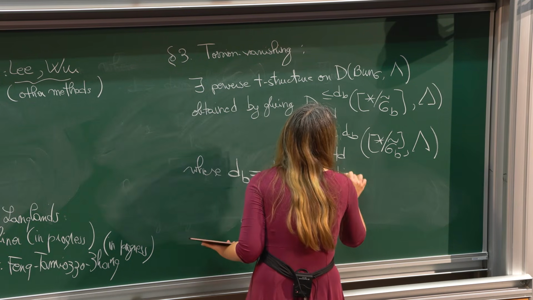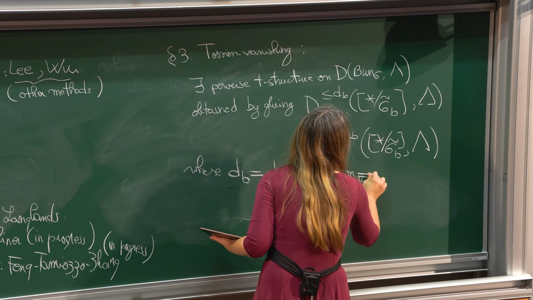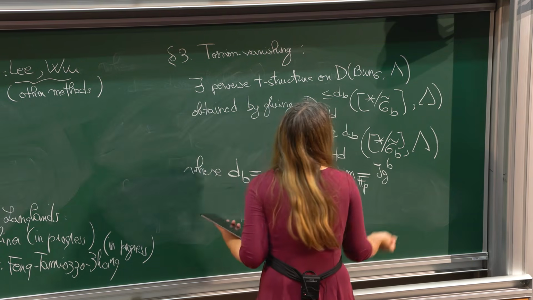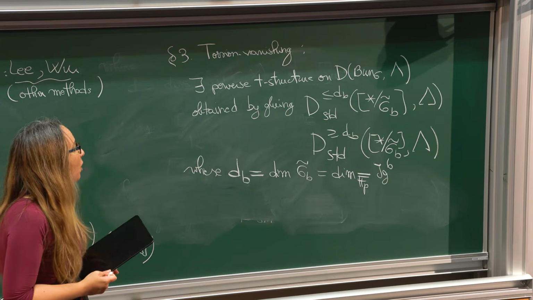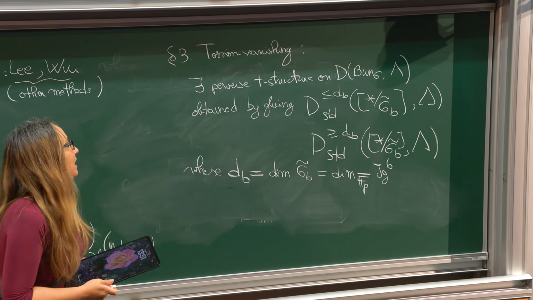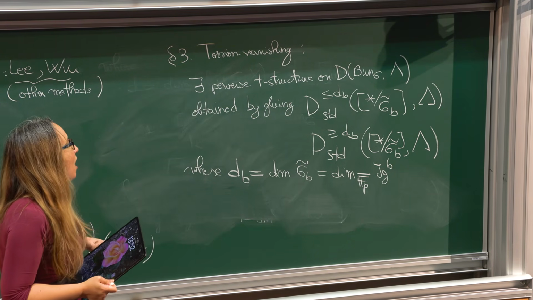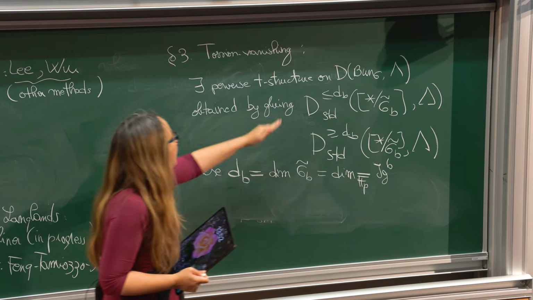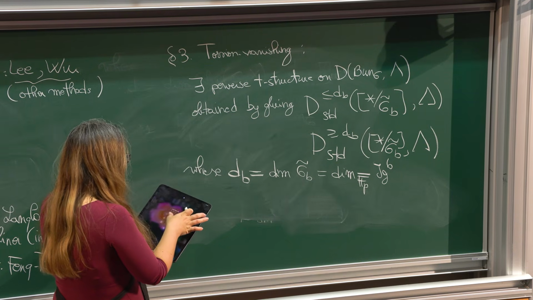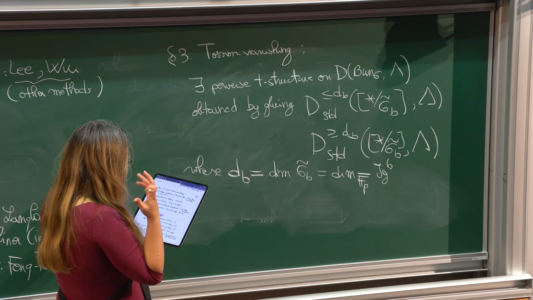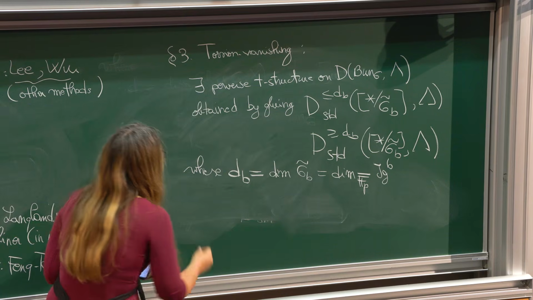It's also more classically the dimension of the corresponding Igusa variety, say considered as a perfect scheme over F_p bar. Okay, and it turns out that these conditions on each Newton stratum give you a T structure on D(Bun_G, Lambda). And now you can prove torsion vanishing using two ideas.